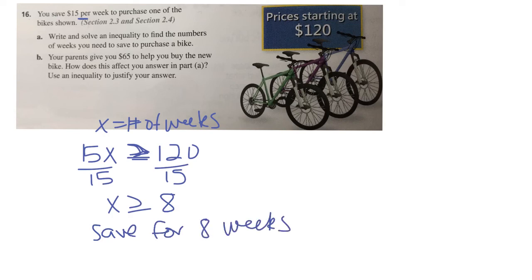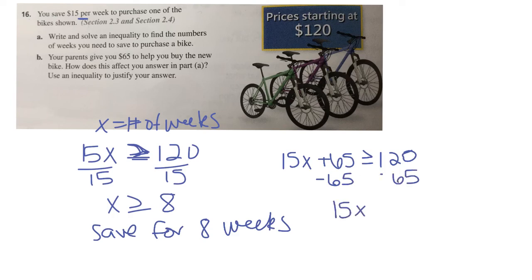Then it says your parents give you $65 to help you buy the new bike. How does it affect your answer? So if you have 15 times the number of weeks you're saving plus the 65, that has to be greater than or equal to 120. That's how it's going to change that, right? You'll need to save for a lot less time if you have $65 to add to that. It doesn't actually say to solve it, but we will. We'll subtract the 65.